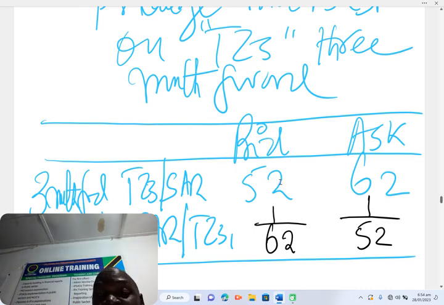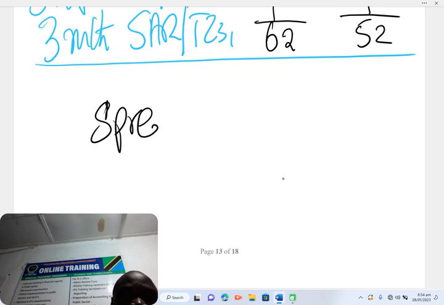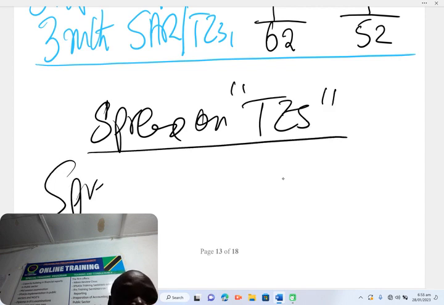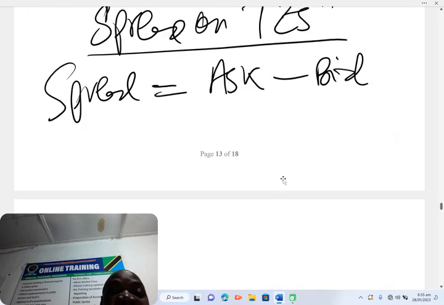So can you compute spread? We want to compute the spread, isn't it? But we have the ask rate, so I'm saying spread on TZS. This is our question. Therefore, spread is equal to ask minus bid. So, if I say percentage on spread, now this is spread.